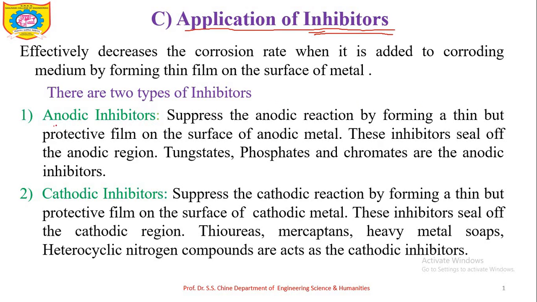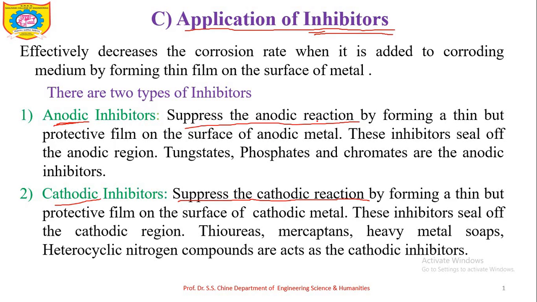So as per this, there are two types of inhibitors, anodic inhibitor and cathodic inhibitor. So inhibitors are the substances which on addition will inhibit either anodic or cathodic reaction. So anodic inhibitor is the substance which suppresses the anodic reaction, whereas cathodic inhibitor is the substance which suppresses the cathodic reaction.